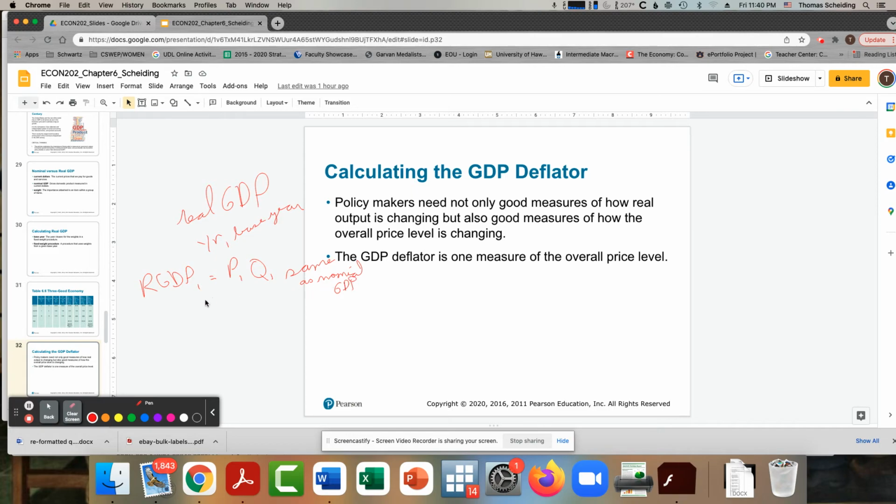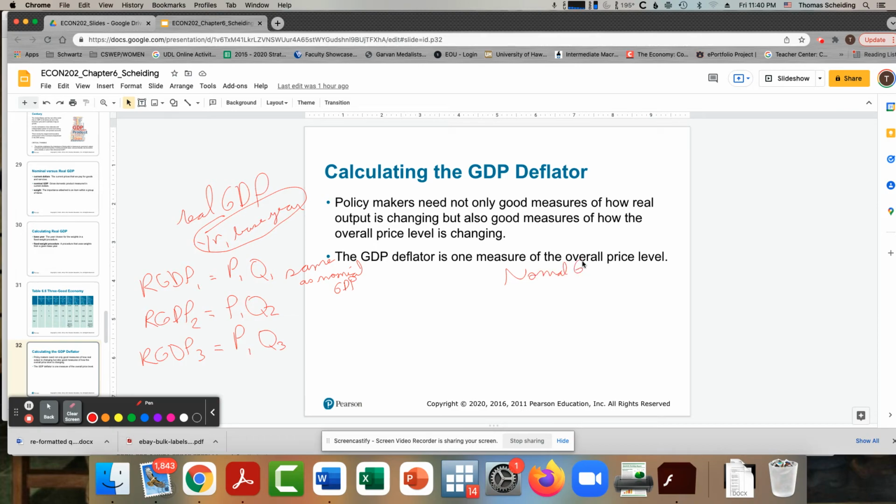So in the base year, real GDP and nominal GDP are the same. Real GDP in year 2 would be P1 times Q2. Real GDP in year 3 would be P1 times Q3.